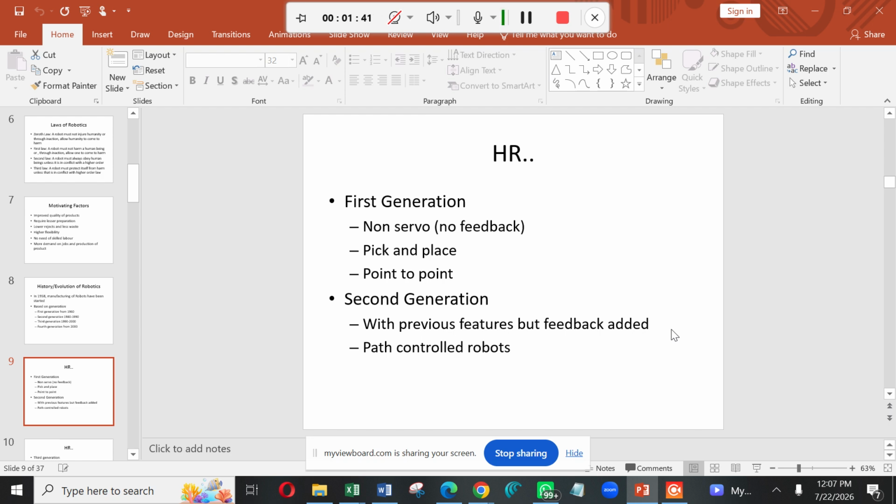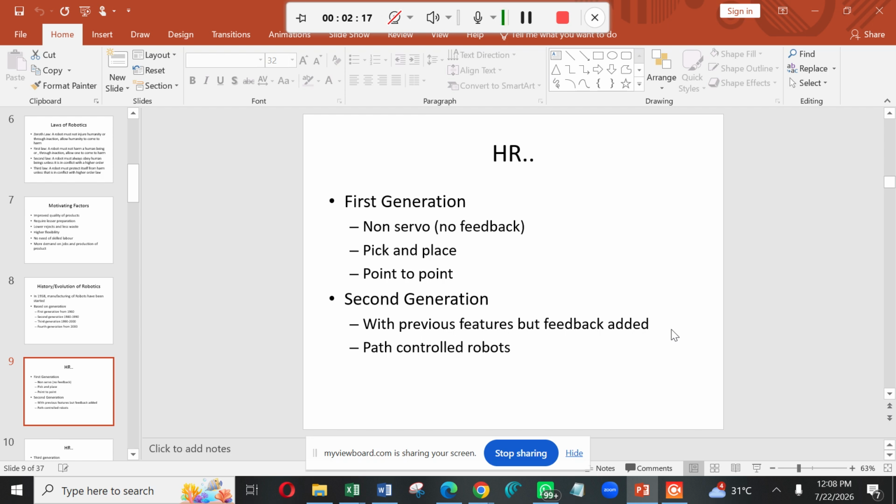So the robot has to move for 1 meter, and at the same time it has to get the feedback whether the robot moved 1 meter or not. That means there should be some distance measurement sensor along with the wheel. If the wheel is moving, there should be some sensor so that you can know how much distance has been moved by the robot. That feedback was not there in the first generation.